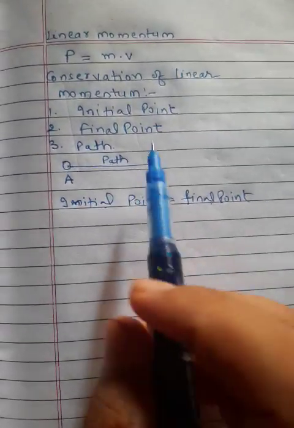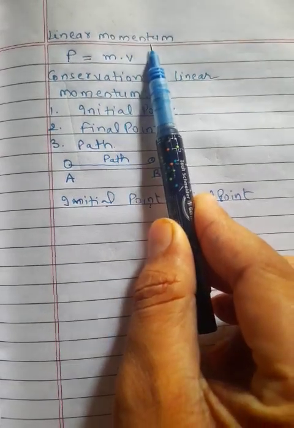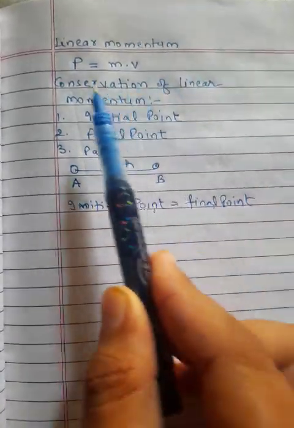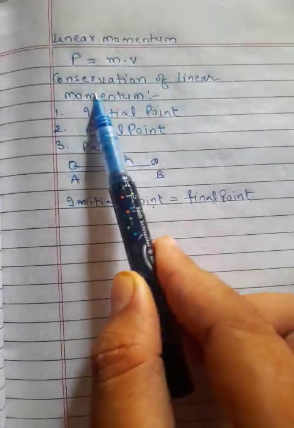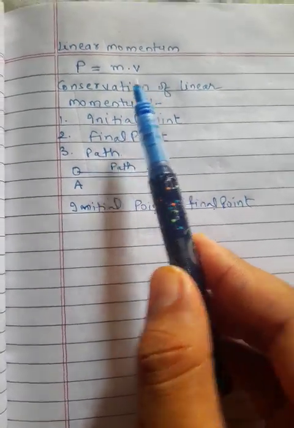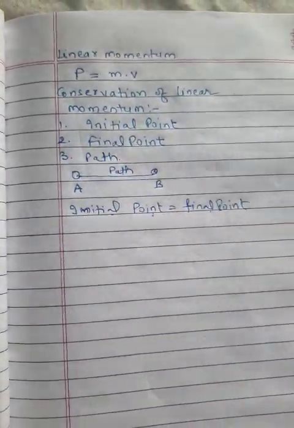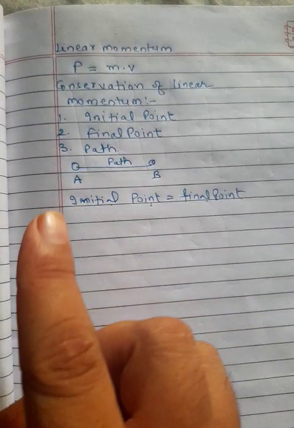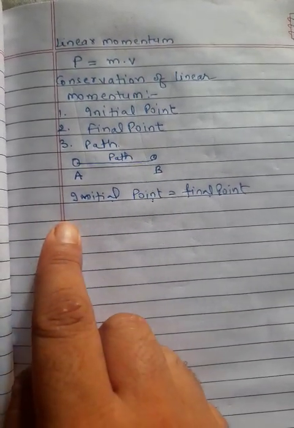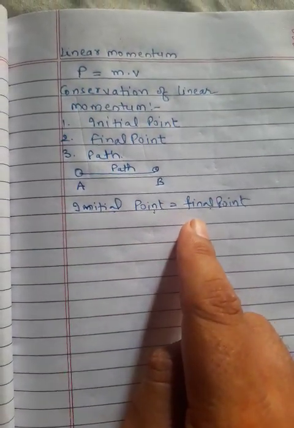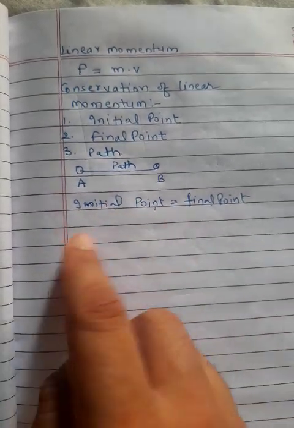Okay, here we will discuss linear momentum, the conservation of linear momentum. When we talk about conservation of linear momentum, we will prove that initial momentum is equal to the final momentum, and when we subtract both, we will get 0.